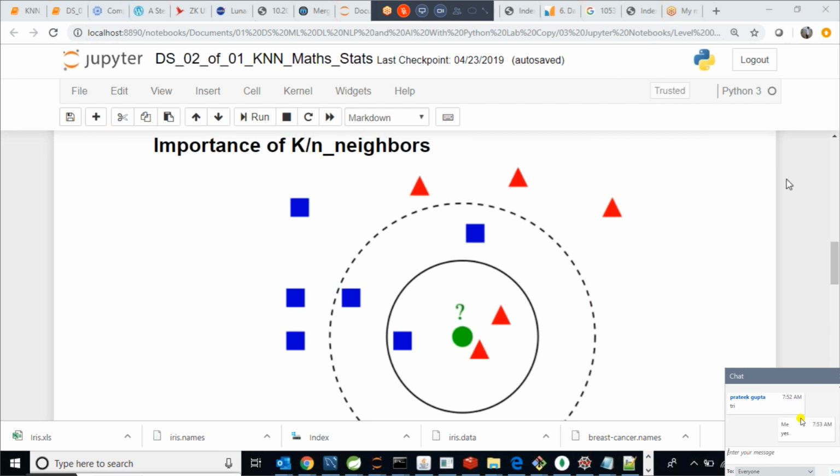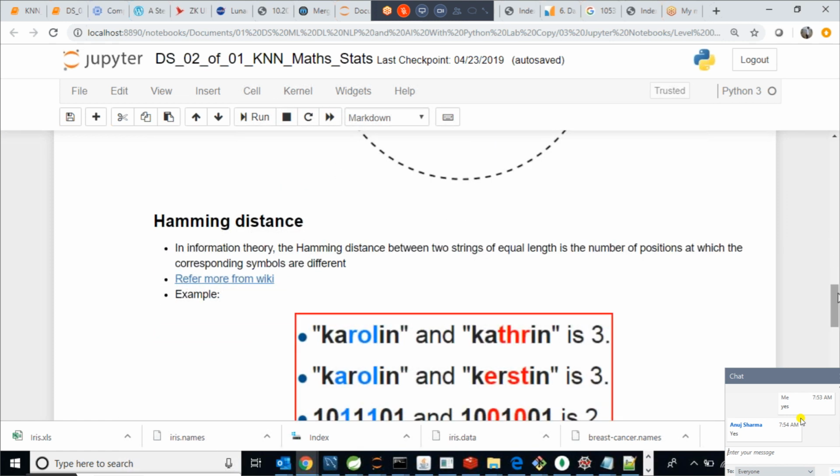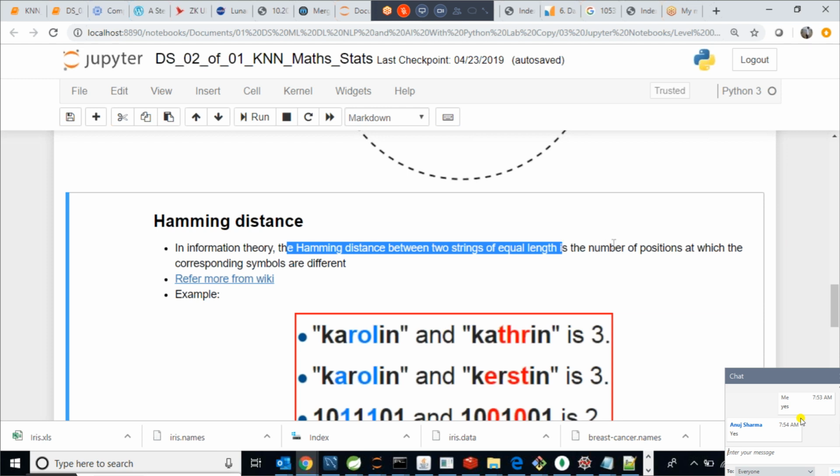Okay, so we'll see this concept in depth in the next session. What is Hamming distance? In information theory, the Hamming distance between two strings of equal length is the number of positions at which the corresponding symbols are different.